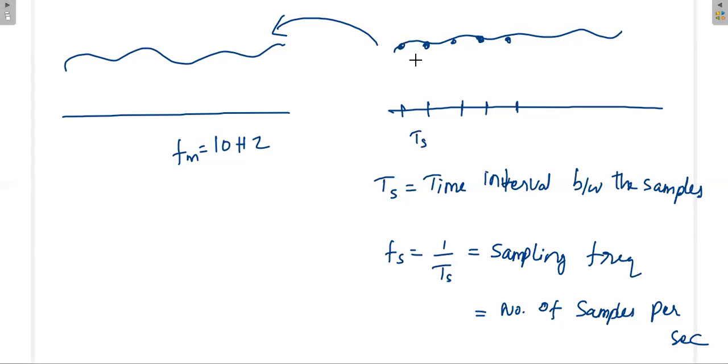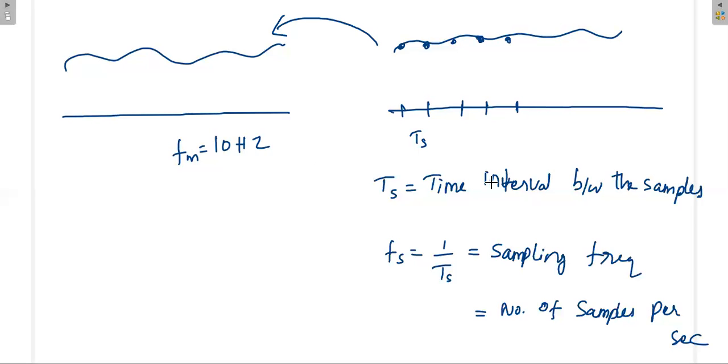If you take more number of samples, we can easily recover, but the problem is the bit rate of the signal will increase. If you try to reduce the bit rate by taking the samples with larger intervals, that means increasing Ts or otherwise reducing Fs, the problem is we cannot recover back our original signal.